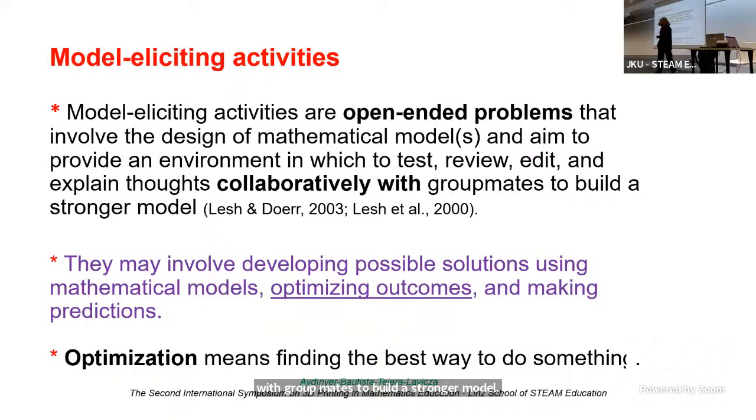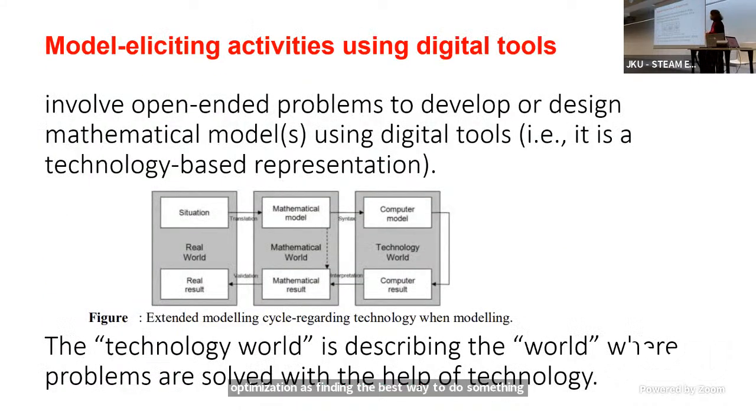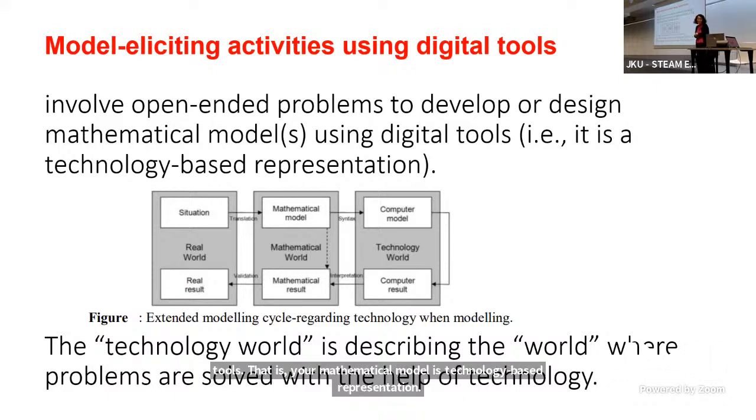They may involve optimizing some outcomes, and here we use optimization as finding the best way to do something. And we also use model eliciting activities with digital tools. That is, your mathematical model is a technology-based representation, very briefly.